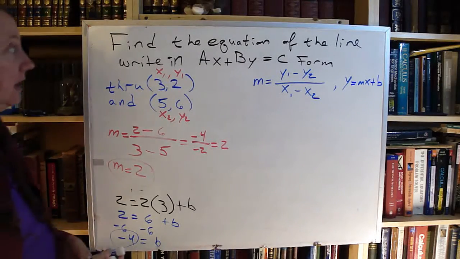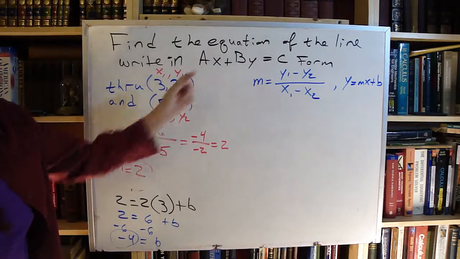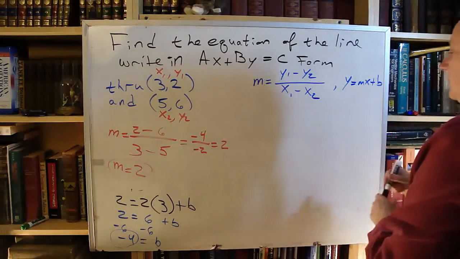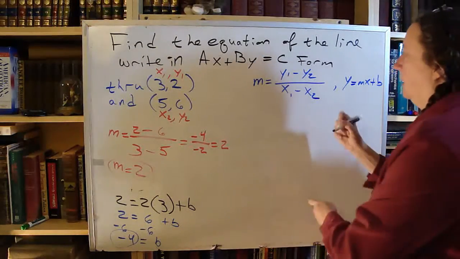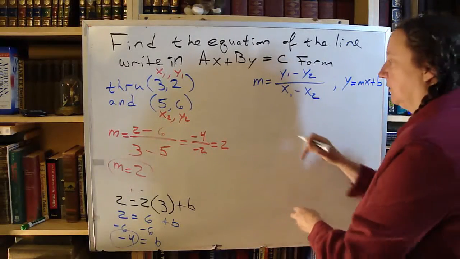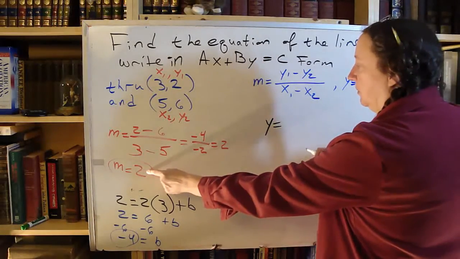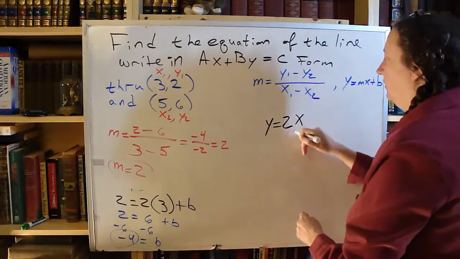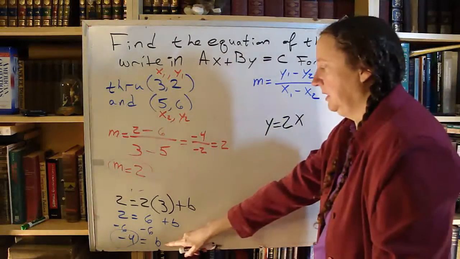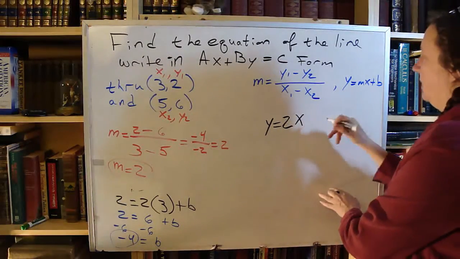Take those over here because I have to write it into that format, ax plus by equals c. So I'm going to just write it into y equals mx plus b first. So y equals m, I found that was 2, x stays x, plus b, b is negative 4, so instead of writing plus negative 4, I'm just going to write minus 4.